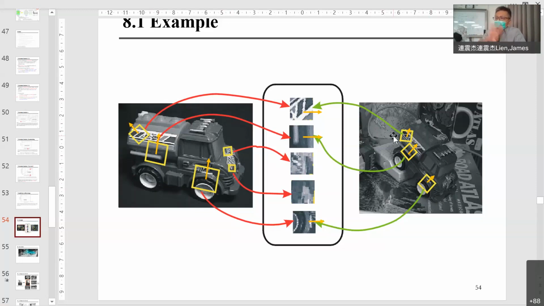If we can find more corresponding points, that means the corresponding pages are similar. So what we can do is, for example, this is the major angle here.